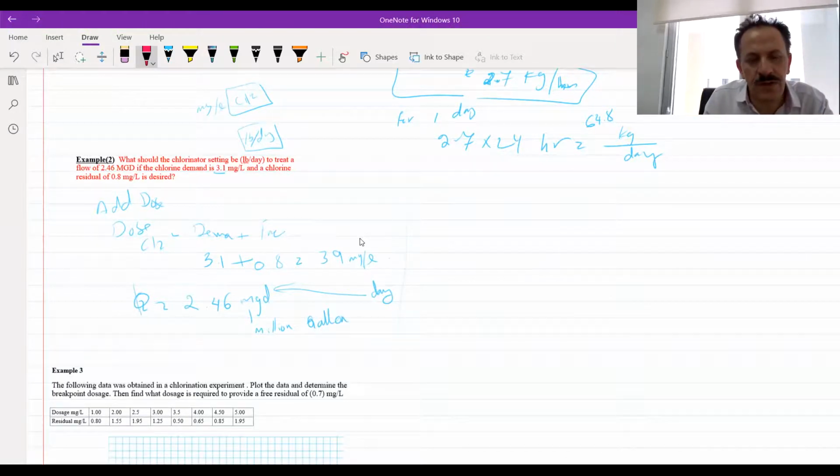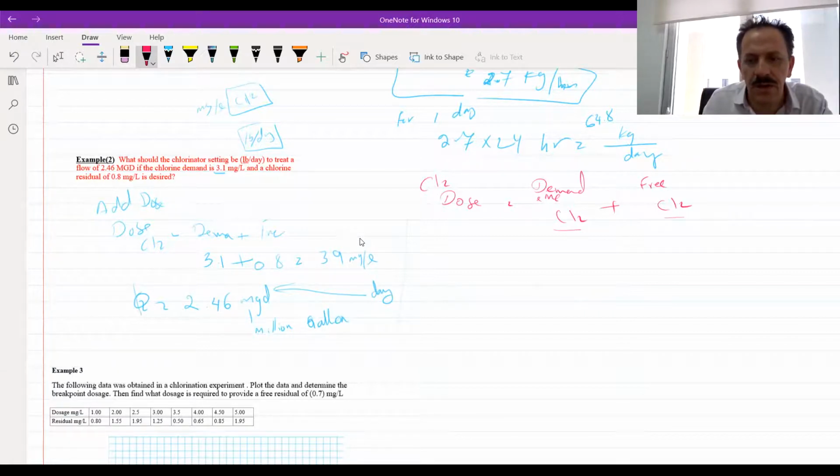two things. First of all, the total chlorine dose is equal to demand chlorine plus free chlorine. The demand is what is needed for killing the bacteria.